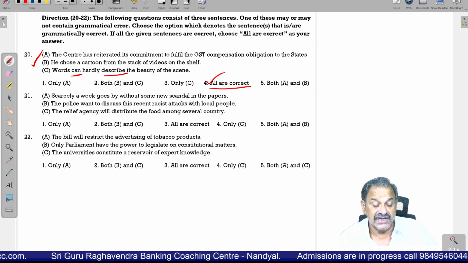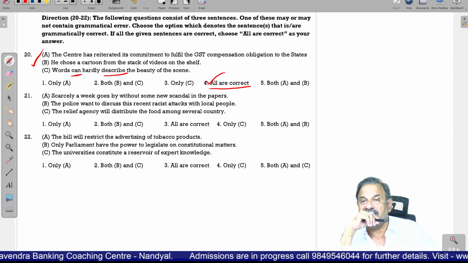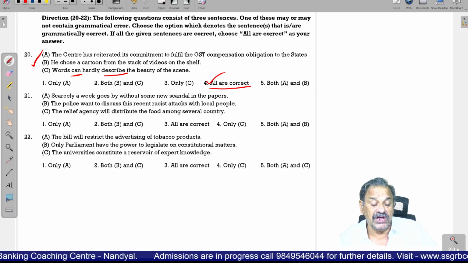Then next, scarcely a week goes by without some new scandal in the papers. Scarcely a week goes by.